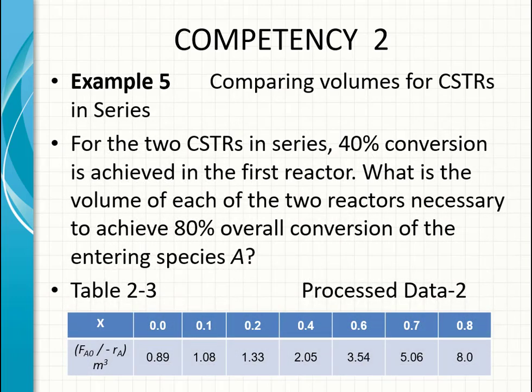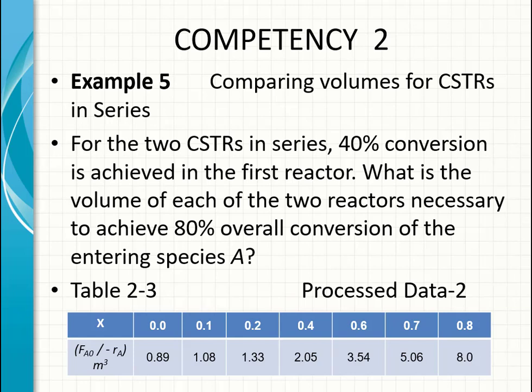Then example 5, comparing volume for CSTRs in series. For two CSTRs in series, 40% conversion is achieved in the first reactor. What is the volume of each of the two reactors necessary to achieve 80% overall conversion of the entering species A?